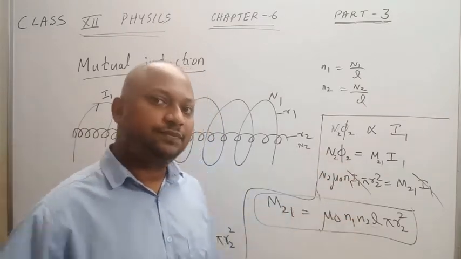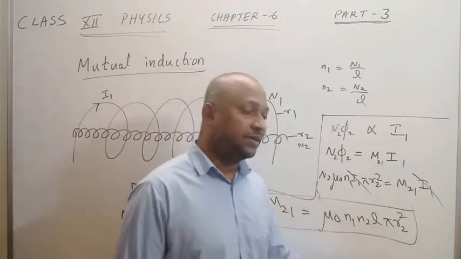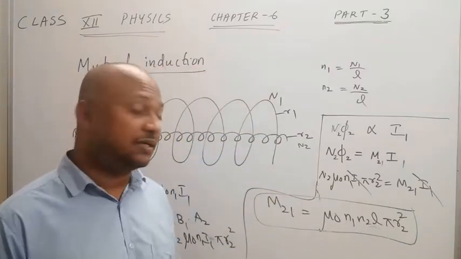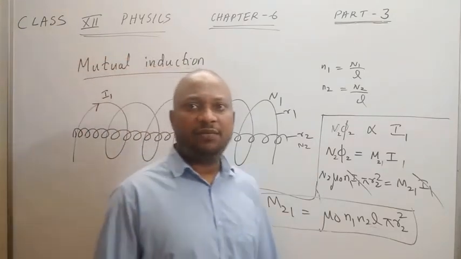It also depends on the length, and it also depends on the area of cross section. So greater area of cross section has greater inductive power, the power of mutual inductance is greater.